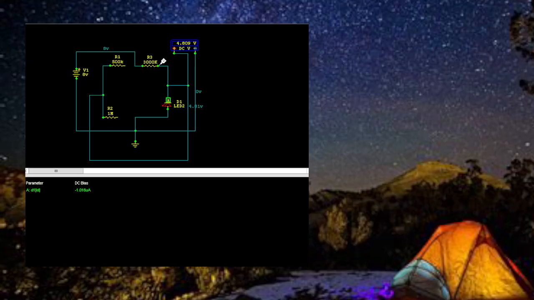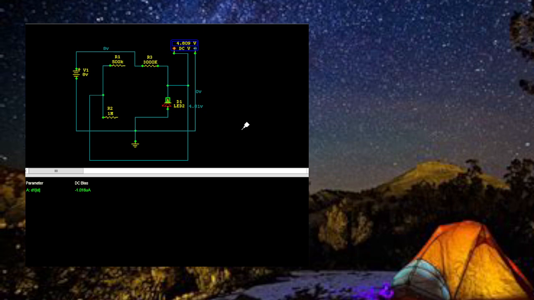One microamp. One microamp at 3,000. Okay.